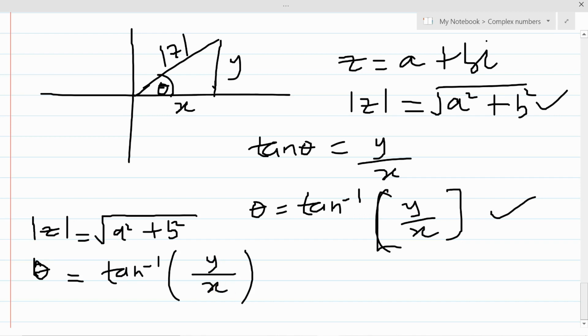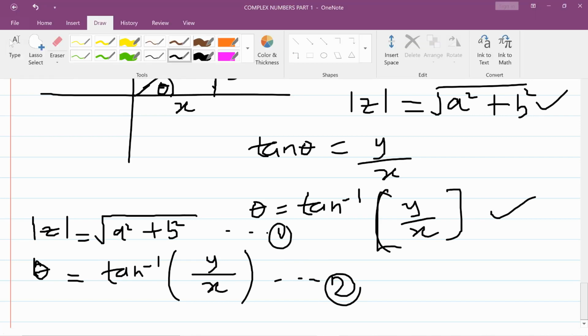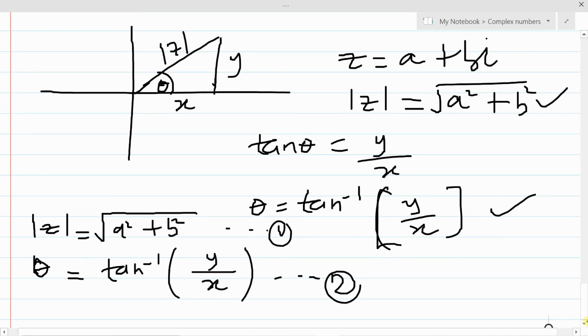So these two equations, just keep them in mind. Now let's solve some examples and you would understand.